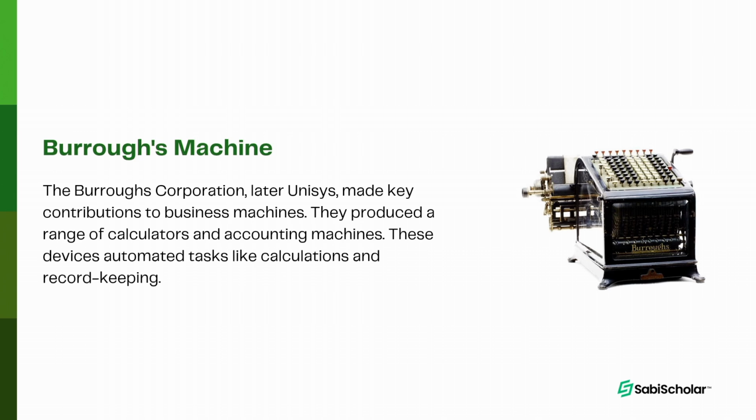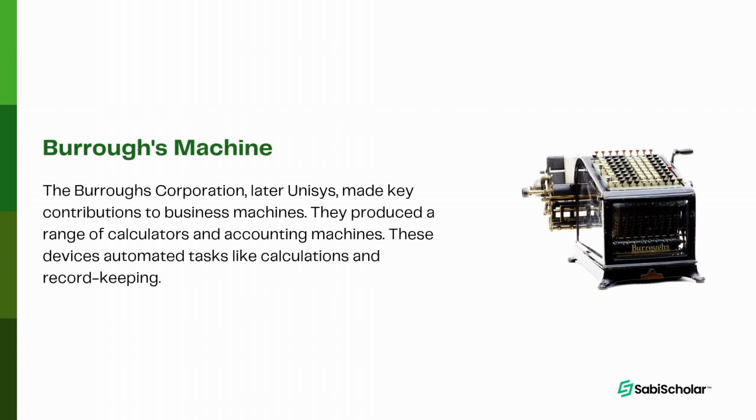It made contributions to business specifically. This was more of a business-centric machine. It wasn't for the everyday person who wants to do calculations, like subtraction and division. Not that it wasn't able to do these things, but it wasn't for individuals to use.